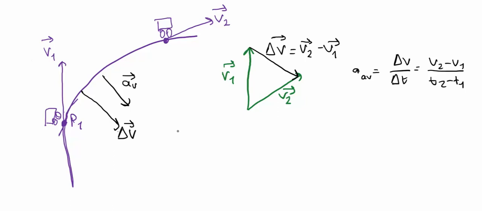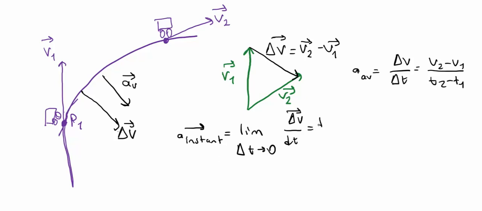Then our instantaneous A would be like this, the limit as delta t goes to 0. So delta V over dt is just the i, j, k components.